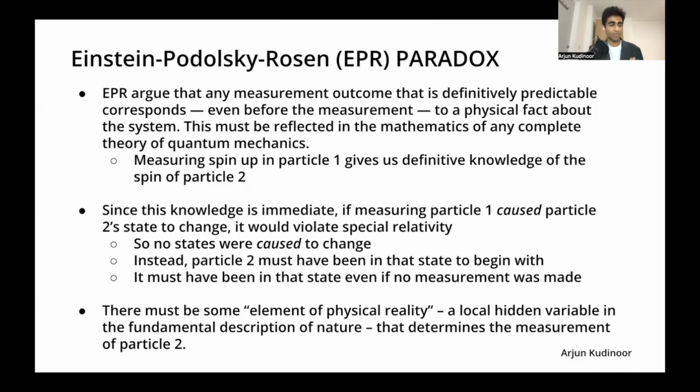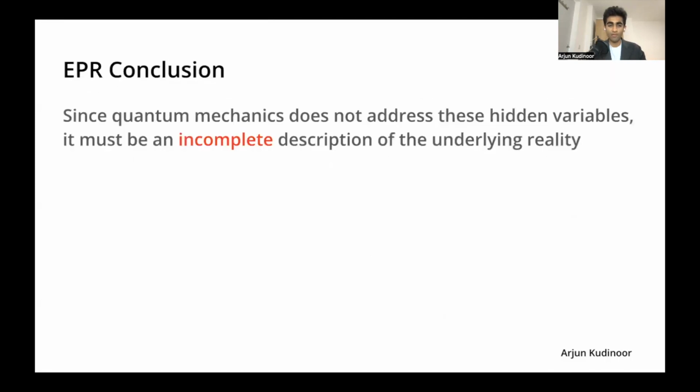So there must be some hidden variable in our theory that we don't know about, we don't have access to, that determined the particle to be in the up state to begin with. Now, since that equation did not address this hidden variable, quantum mechanics must be an incomplete description of the underlying reality. So this was EPR's conclusion, that quantum mechanics is incomplete.